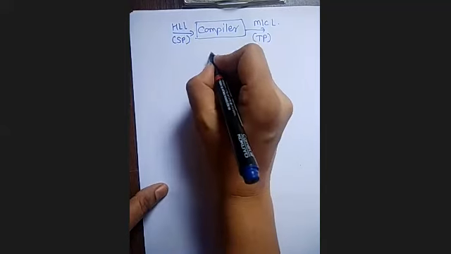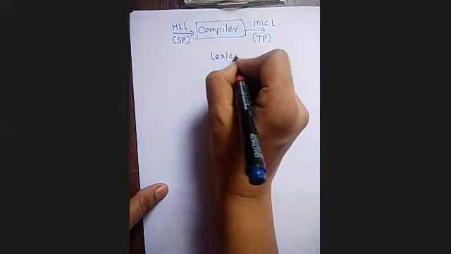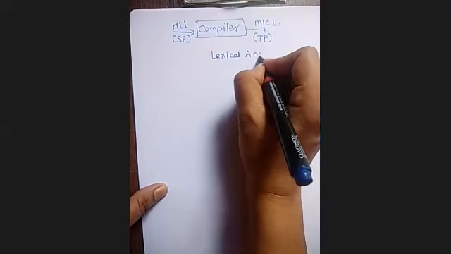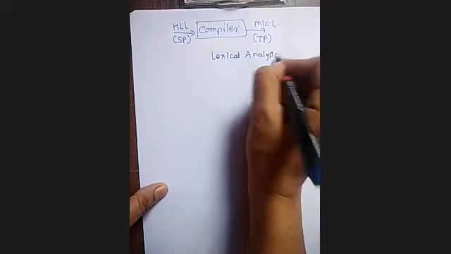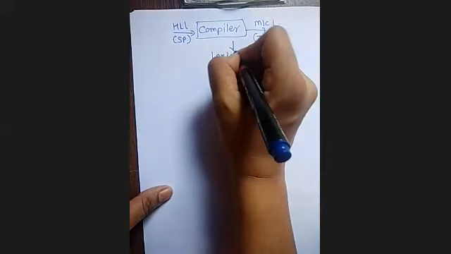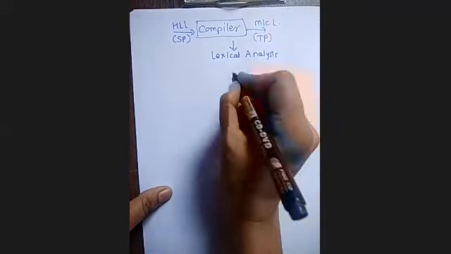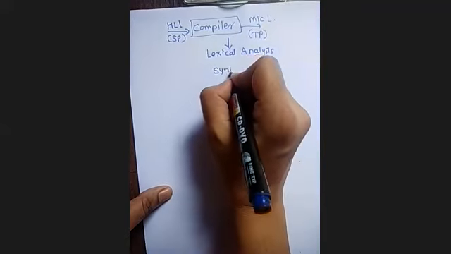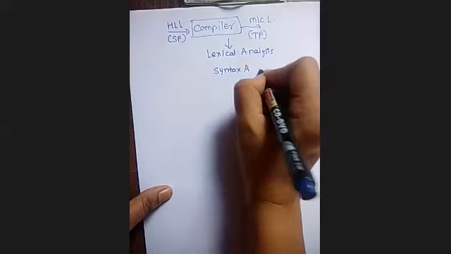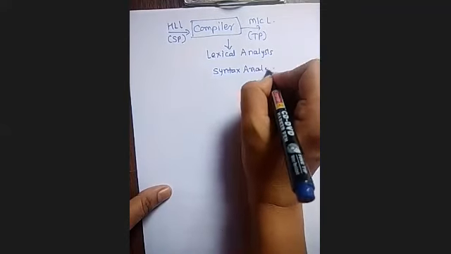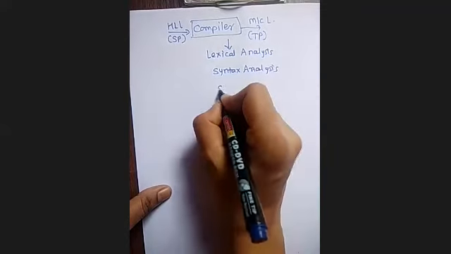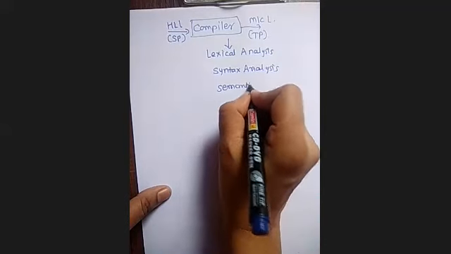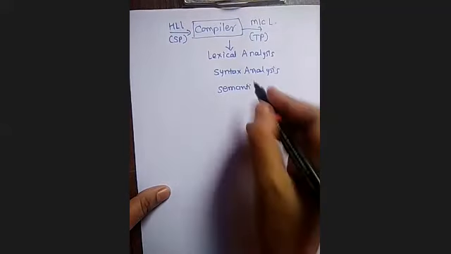So in the compiler, we have already seen the lexical analysis phase, which takes the input. This is the first phase. There are 6 phases: lexical analysis, syntax analysis, we will not write in detail, then semantic analysis.